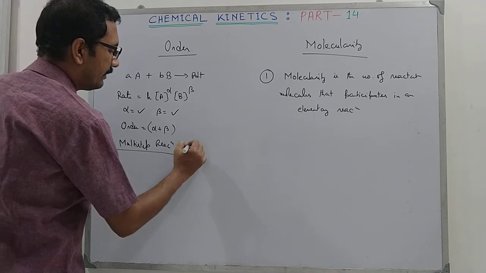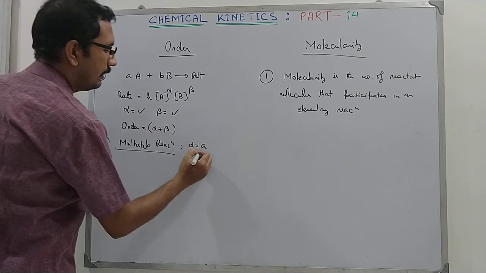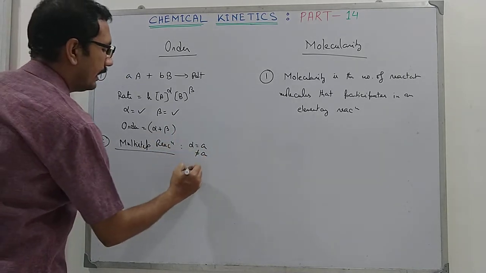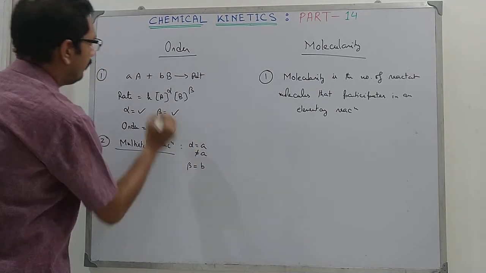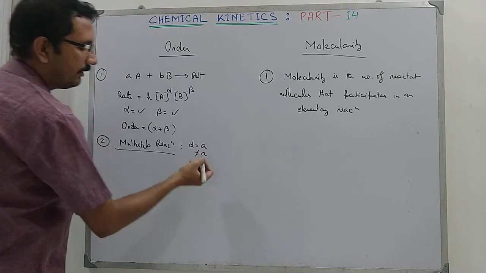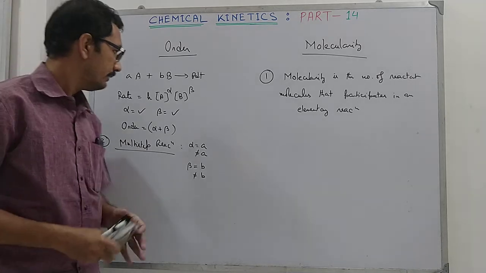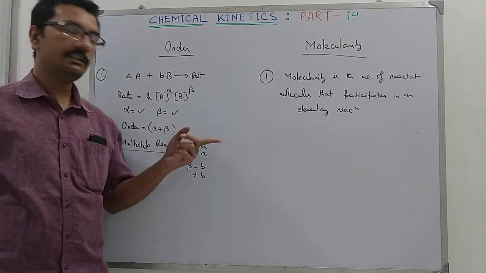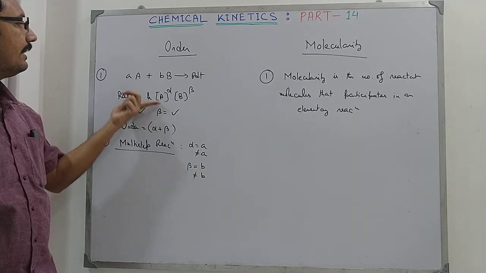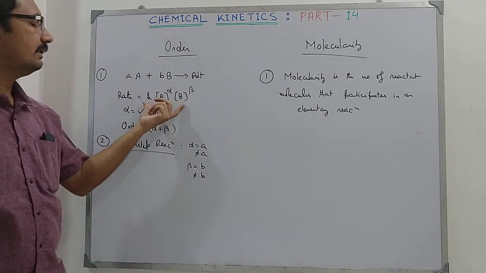In that multi-step reaction, you can find that alpha may be equal to the stoichiometric coefficient A or not equal to A, and beta may be equal to the stoichiometric coefficient B or may not be equal to B. So for a multi-step reaction, if any reactant participates in the rate determining process, then its contribution will be counted in the rate equation. And if any reactant appears in the first step, its contribution may not be counted in the rate equation.